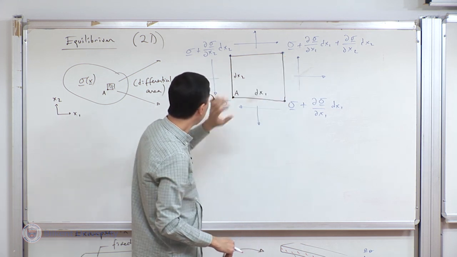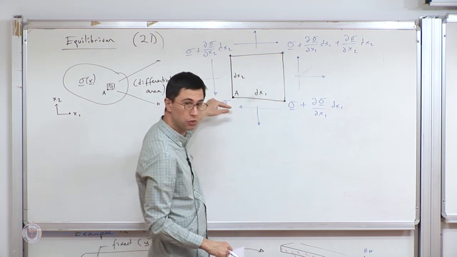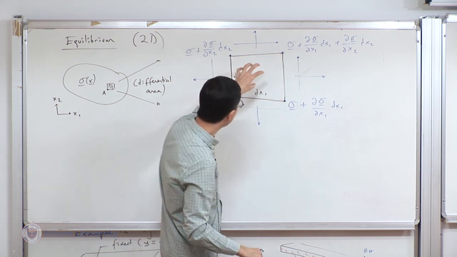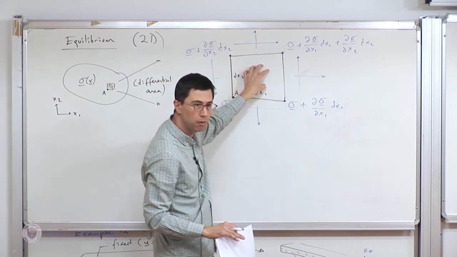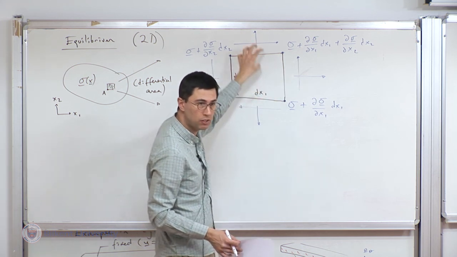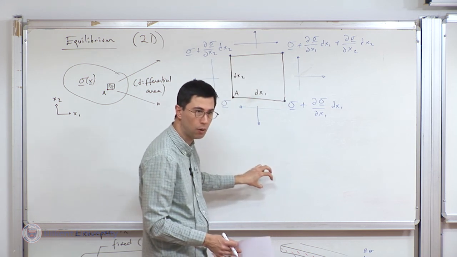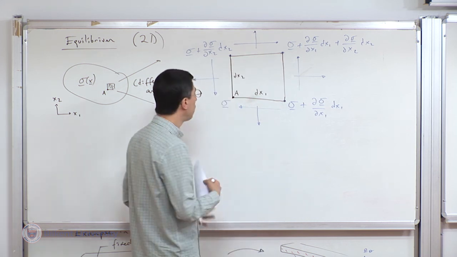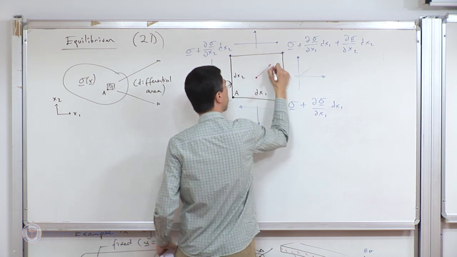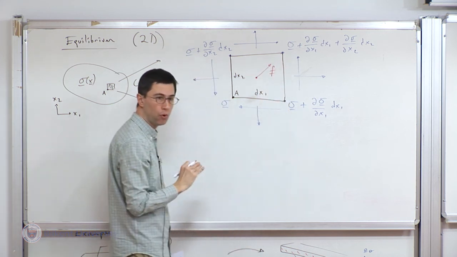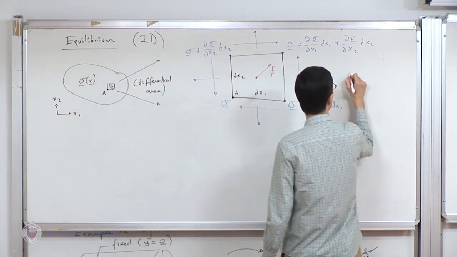In addition to these surface stresses, there is also a force that acts directly on this area, or in 3D, the volume. For instance, if there is gravity, gravity will try to pull this thing down. Now, let's imagine a force that is more general than gravity, and let me call it F. F is force per unit volume.